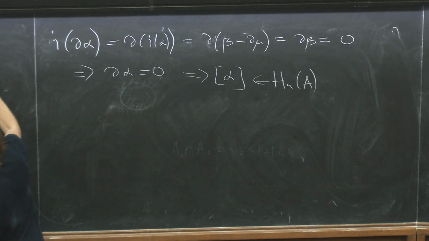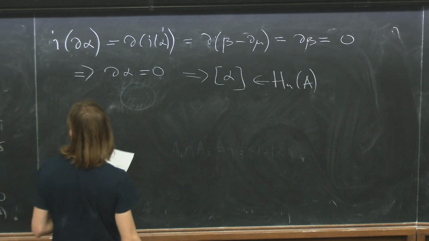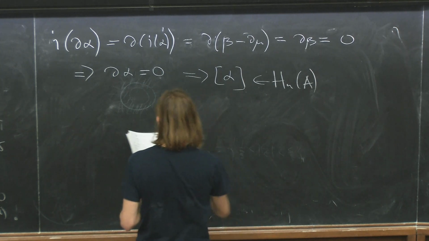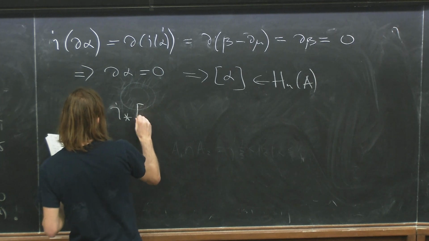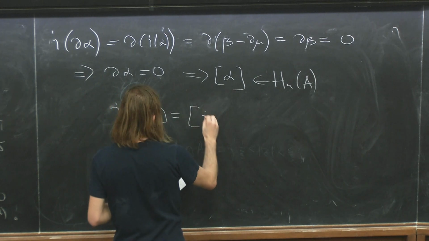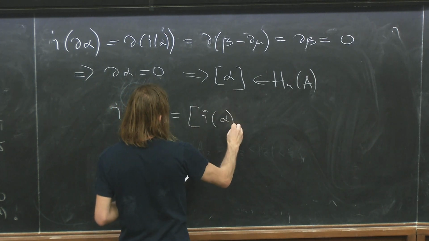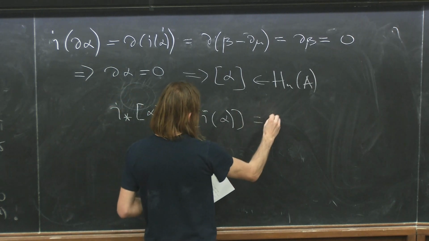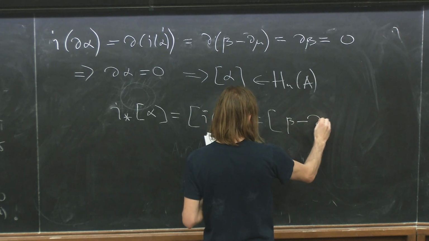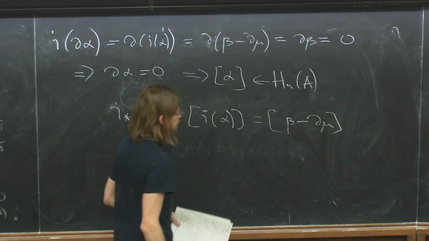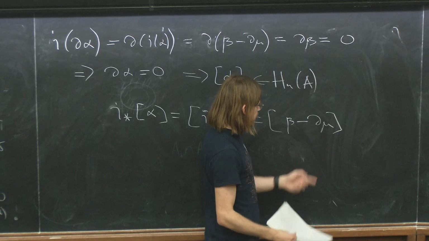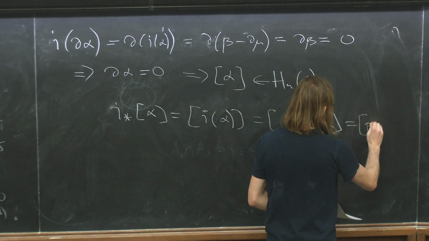It's killed by D. And moreover, now I can apply I star to this class of alpha, which by definition of the induced map is the same as the class of I of alpha, and I of alpha is again this difference. And d mu is killed in homology. So this class is the same as the class of beta.